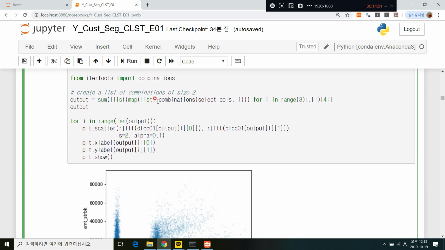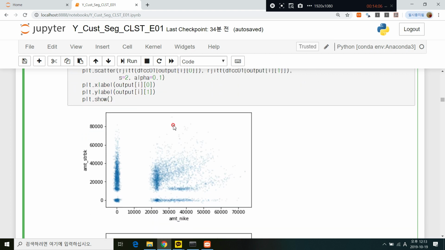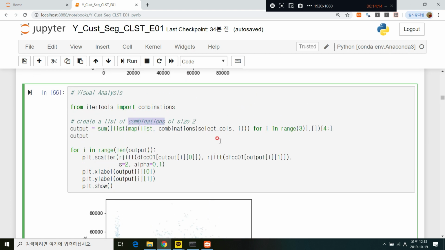That is why we use combinations to generate pairs of 2 different features, with length of 2, because we can make a scatter plot with just 2 independent variables.